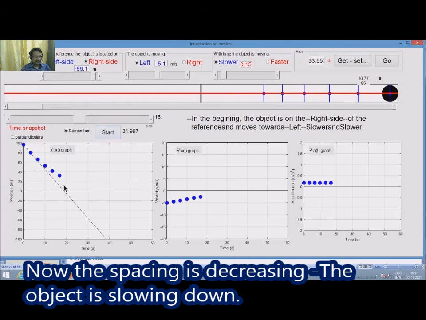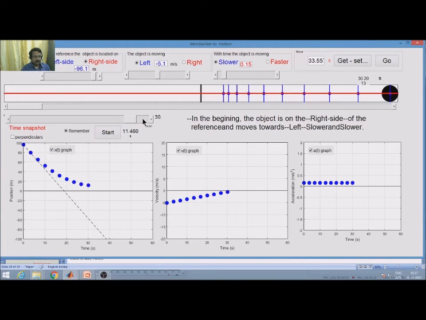So the object is slowing down. Let's put it in a continuous mode. So the object is moving towards the left with negative velocity and acceleration is positive, hence it is slowing down.